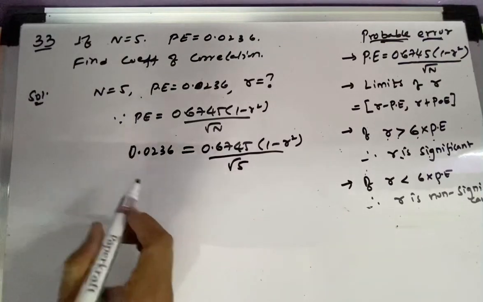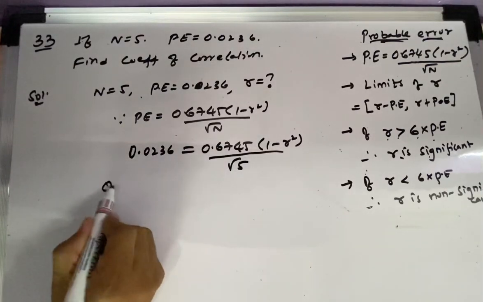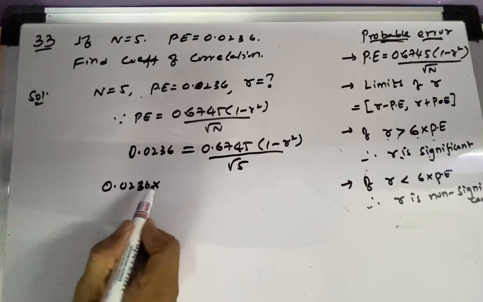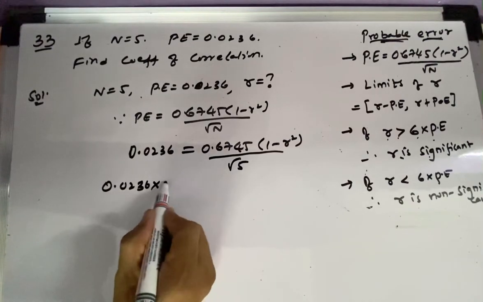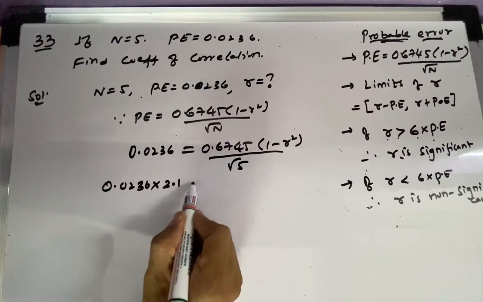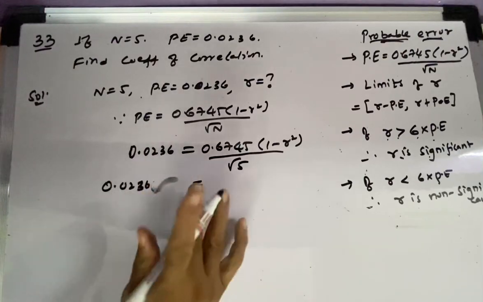Now we have to cross multiply this. 0.0236 into root 5 value. Root 5 is 2.1, equals, okay, first we'll write.